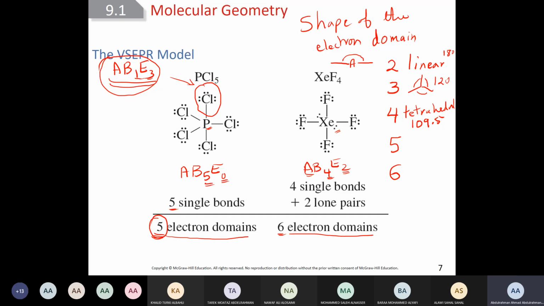You should know the angle from math, but at least for me, just memorize the angle and the name. It's tetrahedral and 109.5.